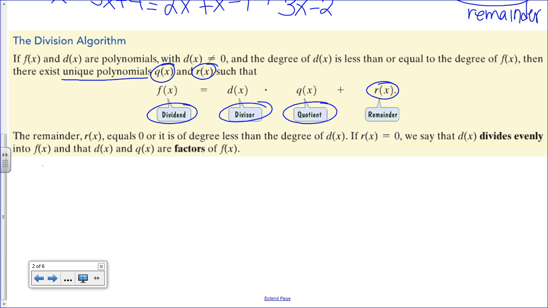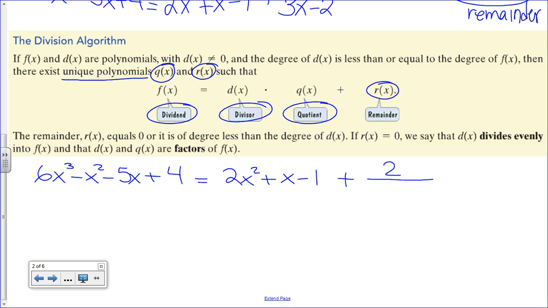So we have something like 6x cubed minus x squared minus 5x plus 4 is equal to 2x squared plus x minus 1 plus 2 over 3x minus 2.